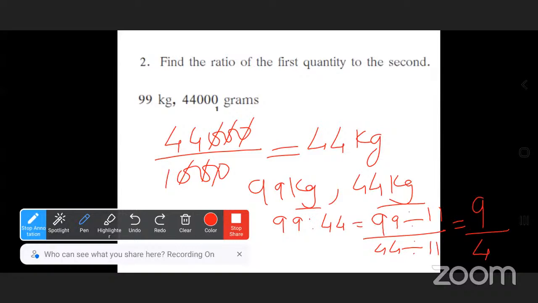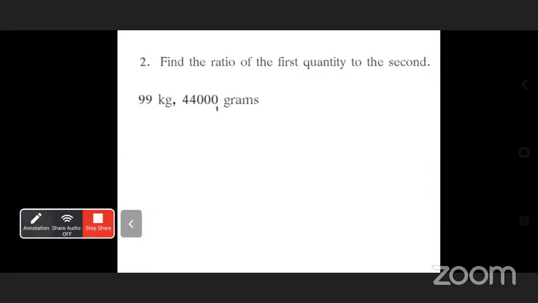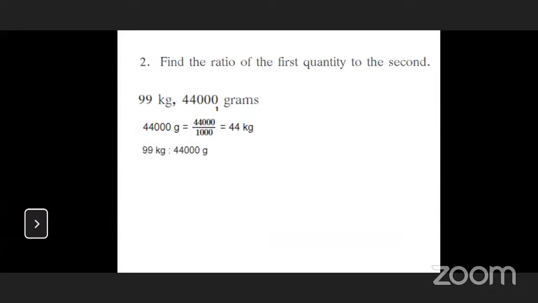That is 9 upon 4, that is equal to 9 is to 4. So this is how you're going to write. Convert grams into kg. When you convert it, you get everything in kg form. Now you're supposed to divide by 11 and you'll get the answer.